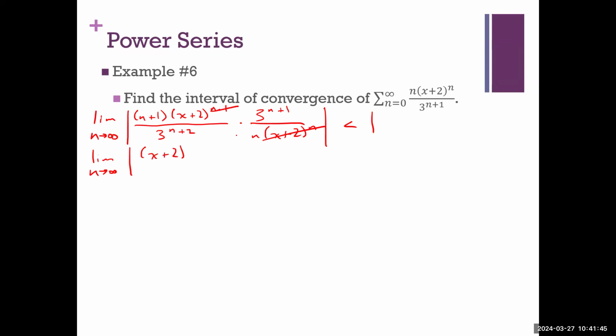What happens to the 3's? Right, so I'm going to be left with only one power of those in the denominator. And then the n plus 1 in the end. They stay.